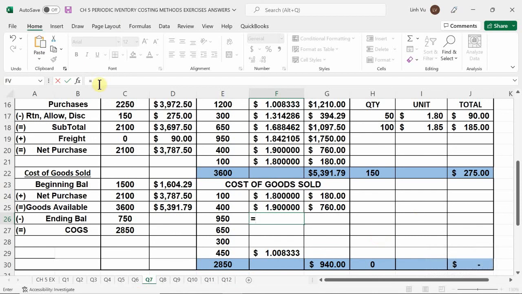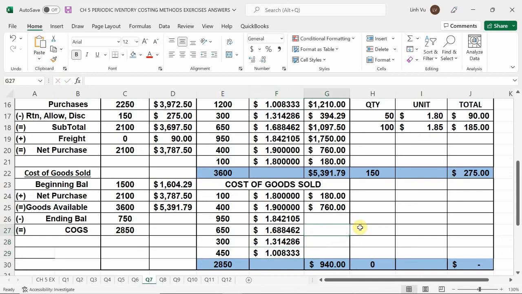Okay, so all of these numbers are just going to be copied into your worksheet here, or at this bottom half right here, because we already know we're going to be taking all of them out anyways. So 950, this one is the 650, and then this one's the 300. Okay. So therefore, I have to do an equal round formula.